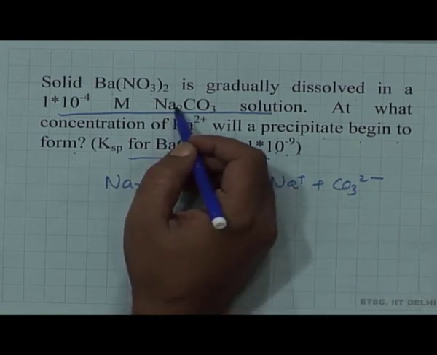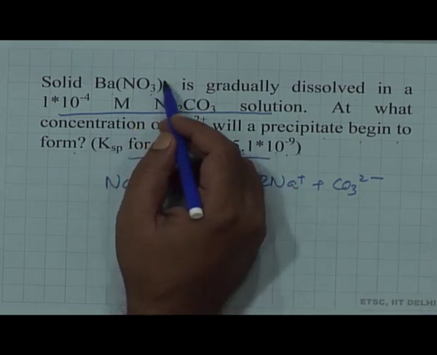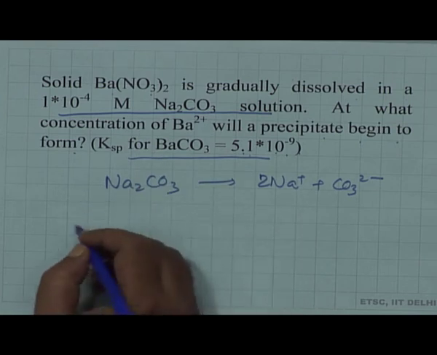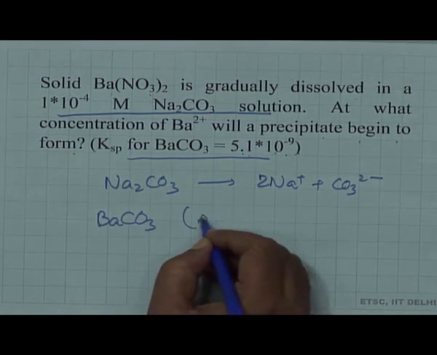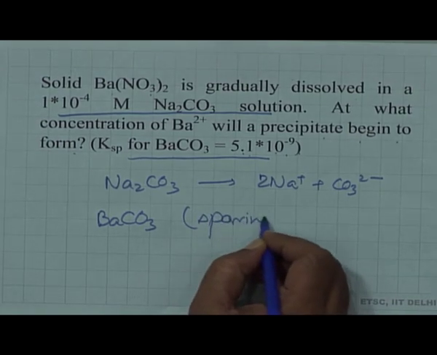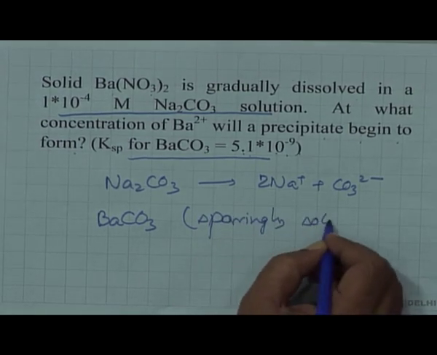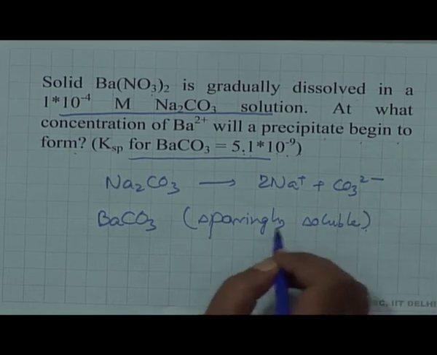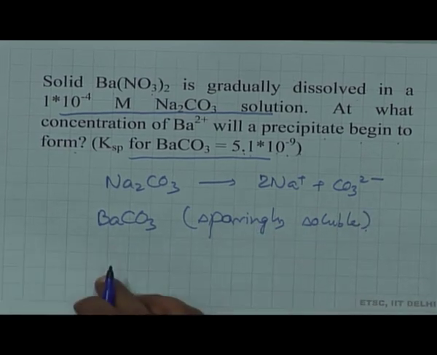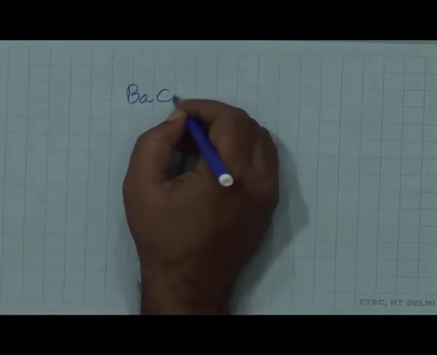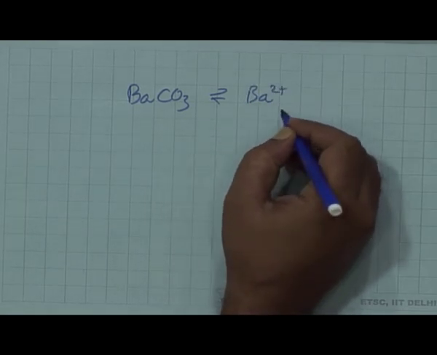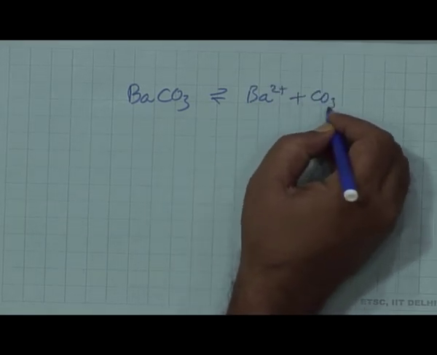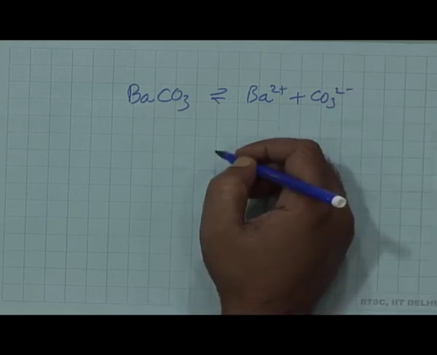And when we add Na2CO3 solution to barium nitrate, a sparingly soluble salt, barium carbonate, will form. Since this is sparingly soluble, barium carbonate will be in equilibrium with barium 2 plus and carbonate ion.